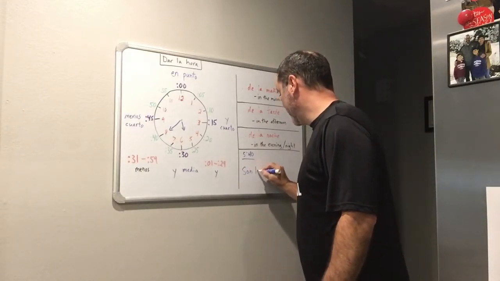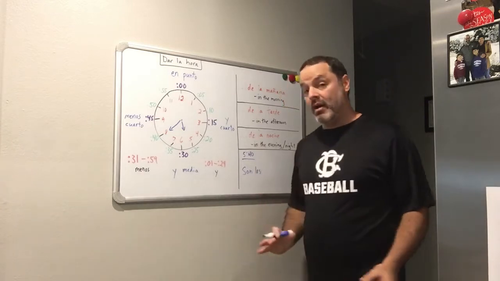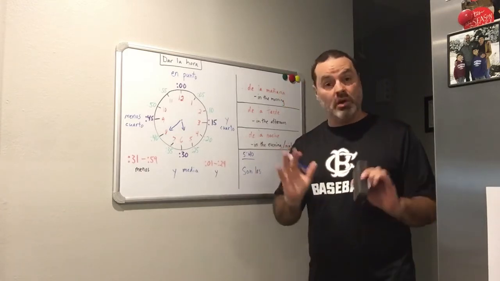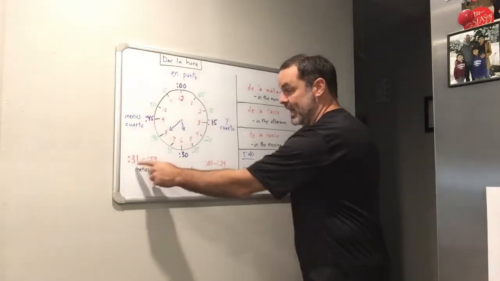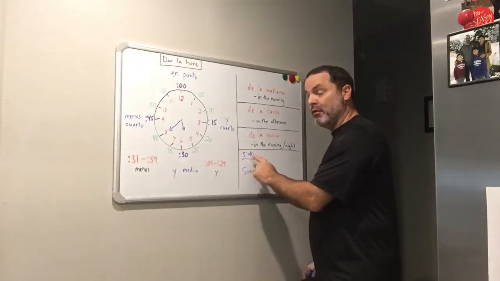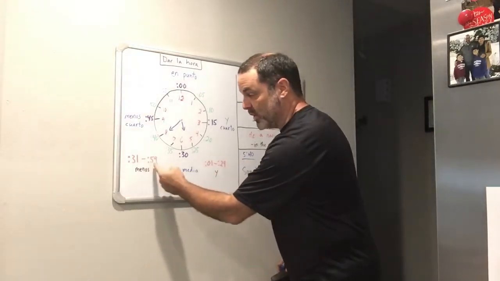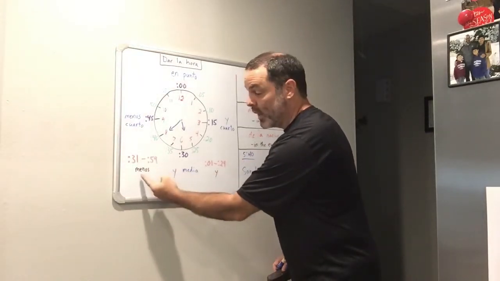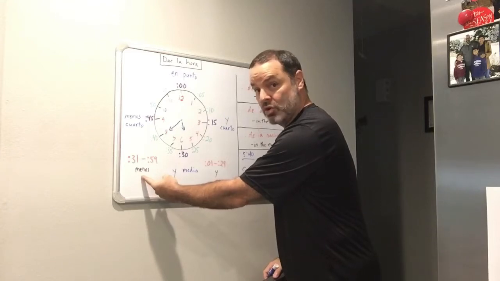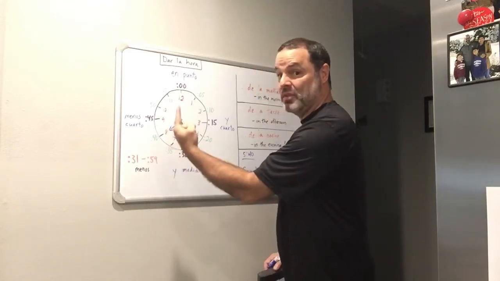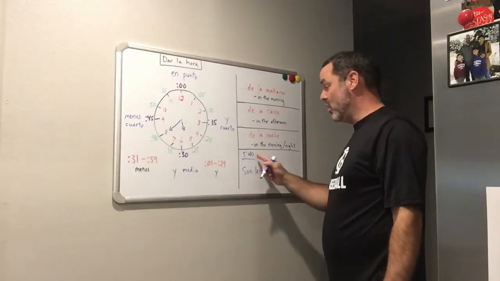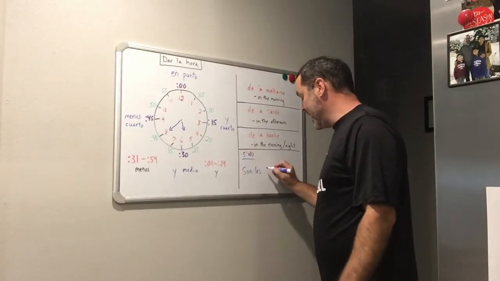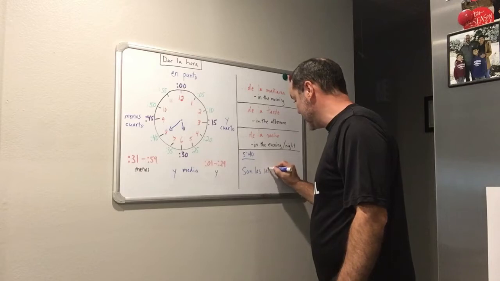son las. Now, this is where it gets tricky, so again, pay careful attention to this. I'm looking at my minutes, that's my key. I look here and I see 40. 40 falls in this range between 31 and 59. So I need to use the word menos, which means I need to bump up to the next hour and subtract to get to the right minutes. Okay, so 5:40, so bump up to the next hour, son las 6.